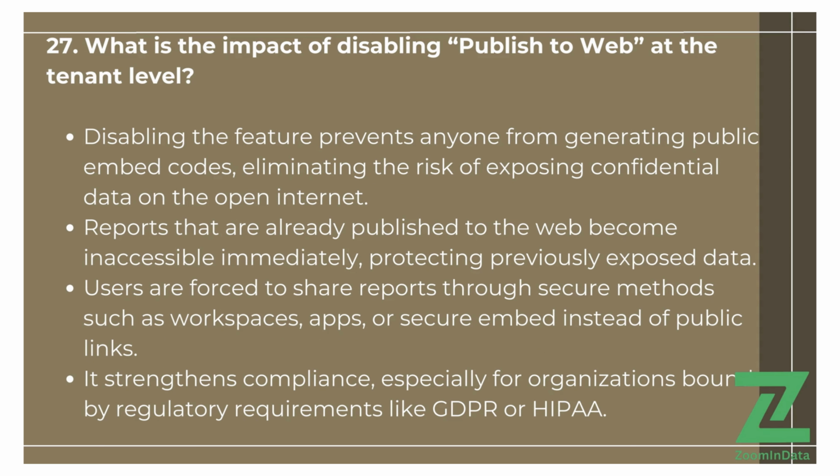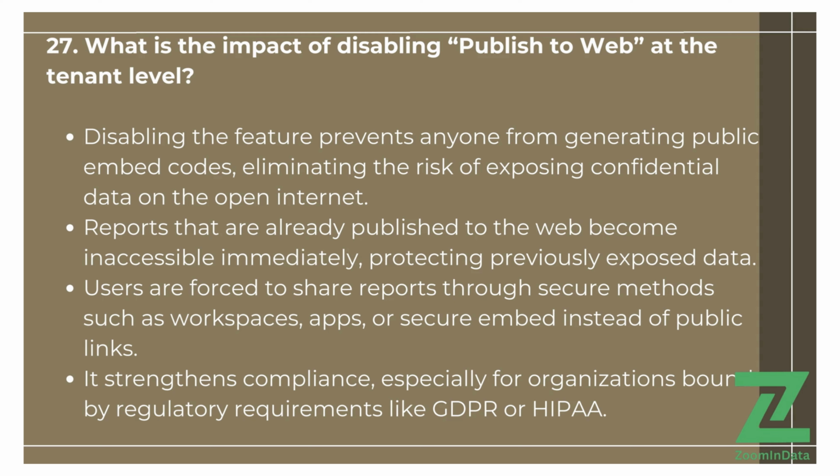27th question. What is the impact of disabling publish to web at the tenant level? Disabling the feature prevents anyone from generating public embed codes, eliminating the risk of exposing confidential data on the open internet. Reports that are already published to the web become inaccessible immediately, protecting previously exposed data.